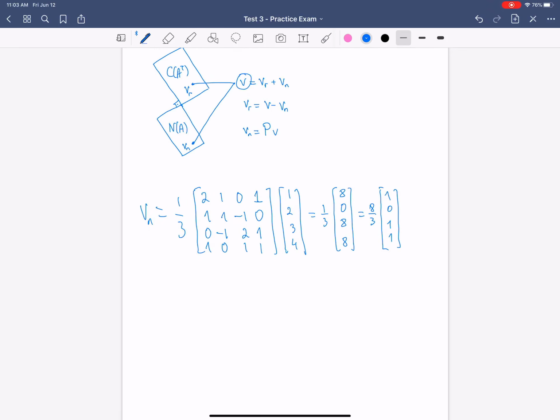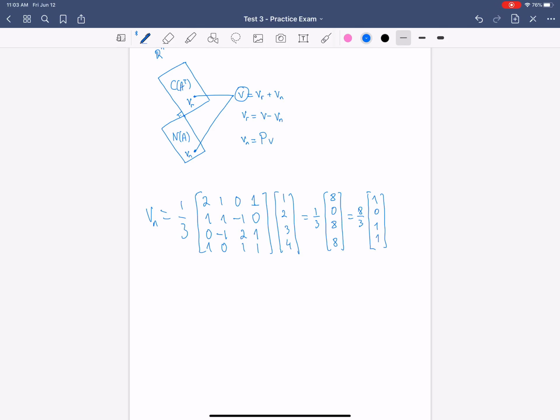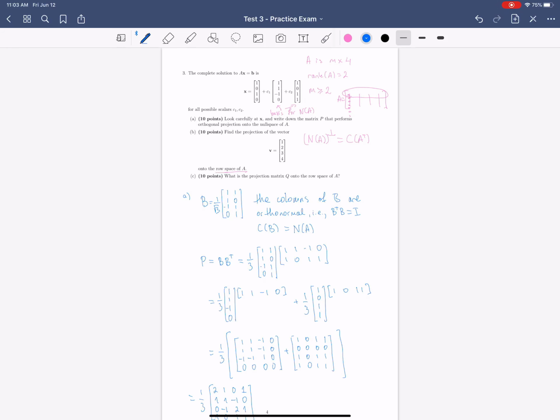Okay, so that is the projection of V onto the null space of A. Then the row space part, the projection onto the row space, is 1, 2, 3, 4 minus 8/3 of 1, 0, 1, 1. And I will let you compute those 4 numbers. Okay, that is part B.